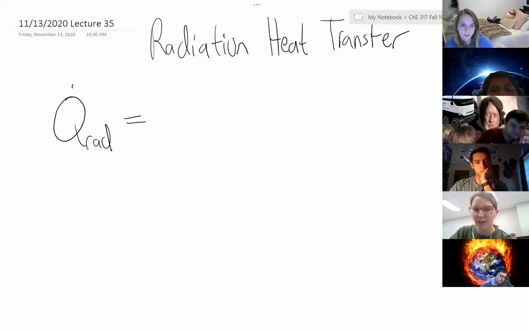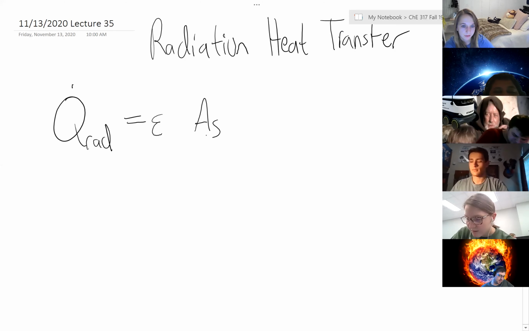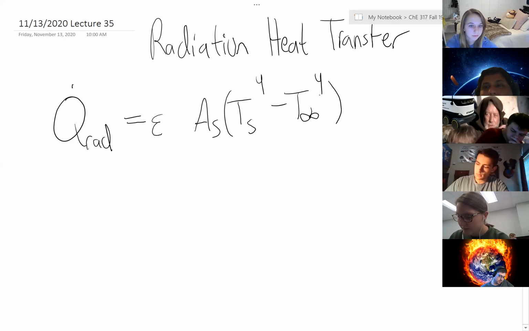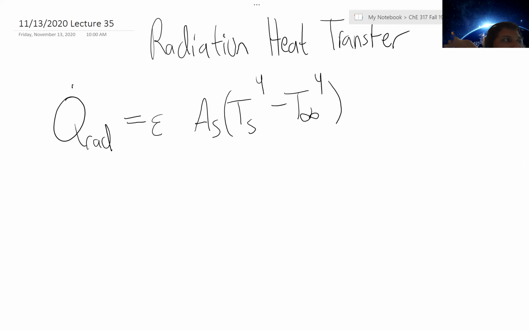Yeah, that was part of it. There was a sigma, there was the surface area, and the driving force was Ts to the fourth minus T infinity to the fourth. You're correct in that regard.